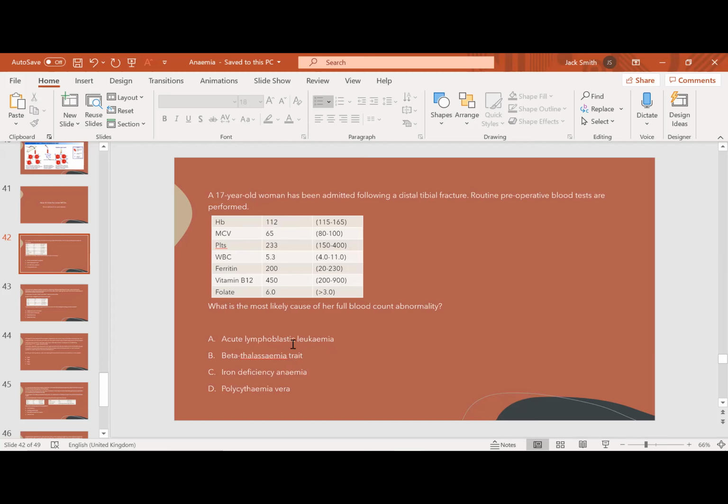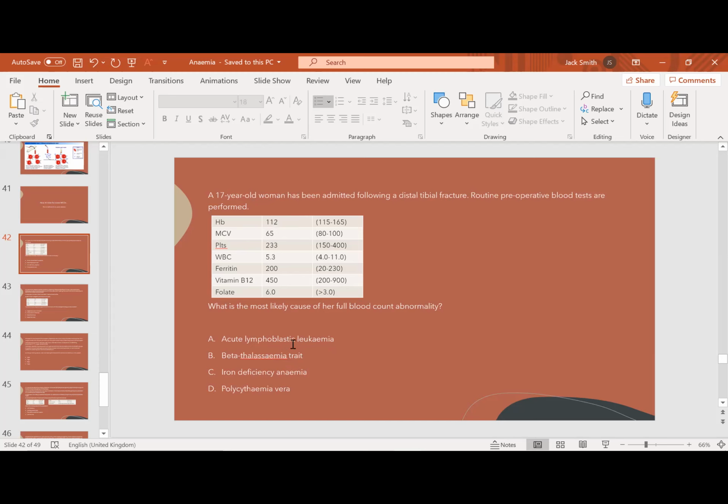With ALL and CLL, we've got a low lymphocyte count, so it won't be either of those two. The reason is chronic myeloid leukemia. Look at this white cell count, which is really, really high. It's too high really to be an acute myeloid leukemia.